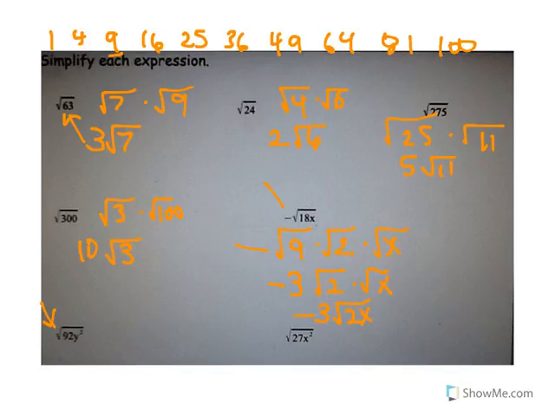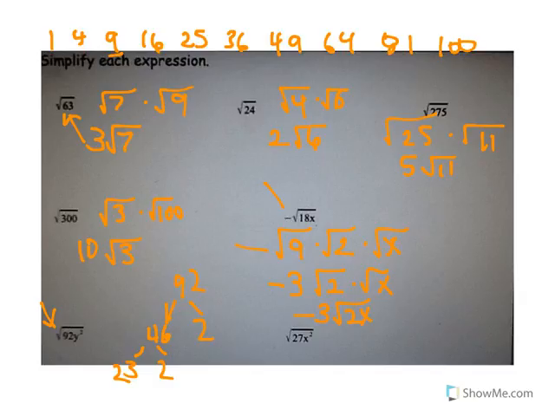For this one here, I have to think what goes into 92. And what goes into 92, I'm not sure, so what I'm going to do is just factor it. And when I factor it, what I'm going to see is 92 breaks down into 2, and then let's see here, 46, then 2 and 23.